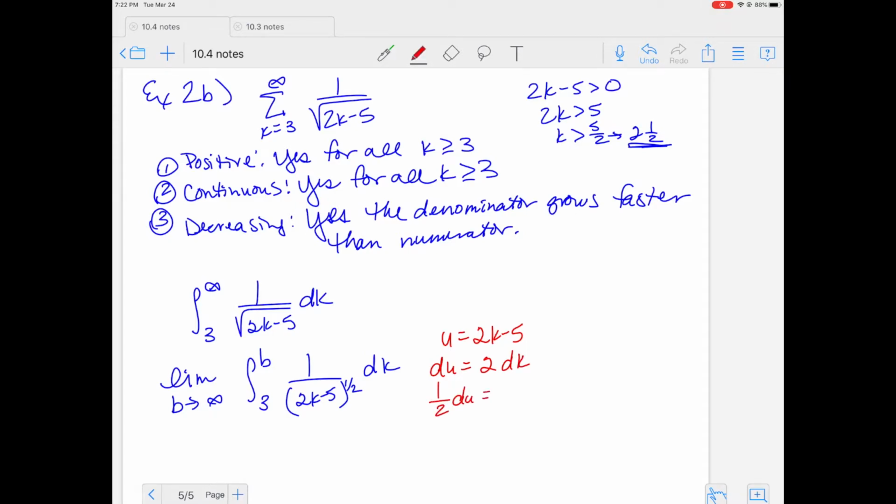So I have a 1/2 du is equal to dk. At k is equal to 3, u is equal to 1, because I plug a 3 in here, right? 2 times 3 is 6 minus 5 is 1. At k is equal to b, u is equal to 2b minus 5. Okie doke.